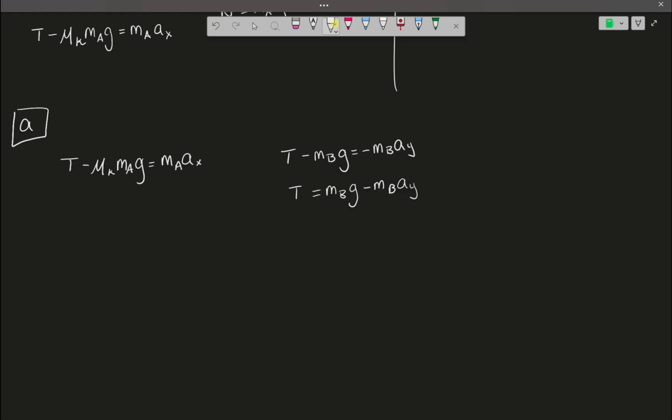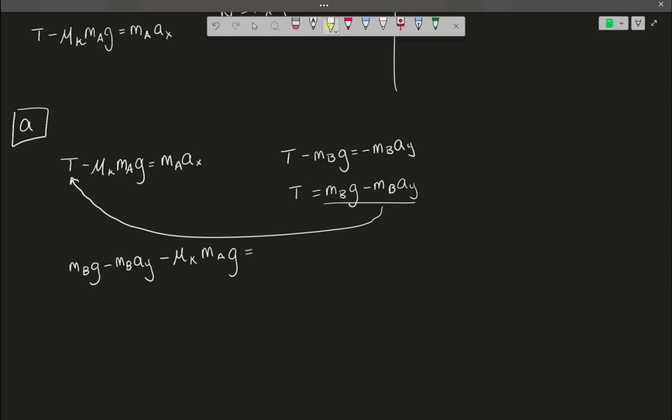I can now plug this in to the equation for block A. So if I plug this in, I will get the mass of block B times gravity minus the mass of block B times the acceleration in the y direction minus the coefficient of kinetic friction times the mass of block A times g is equal to the mass of block A times the acceleration in the x direction.